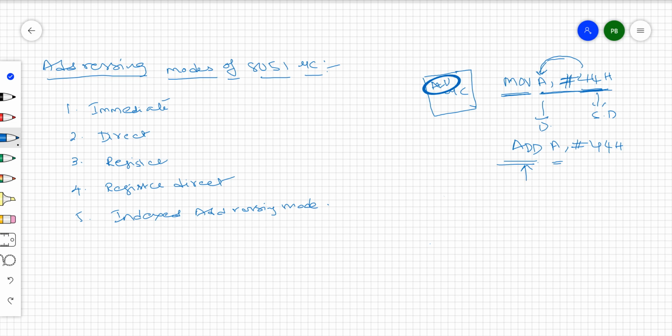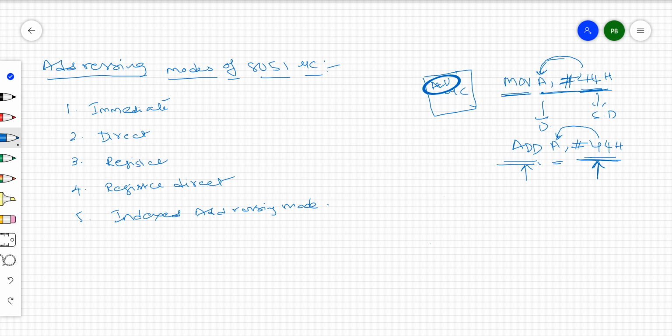But for doing a move or add or something, it has to look at the source data. This source data may be available immediately in the instruction itself, as in these instructions.